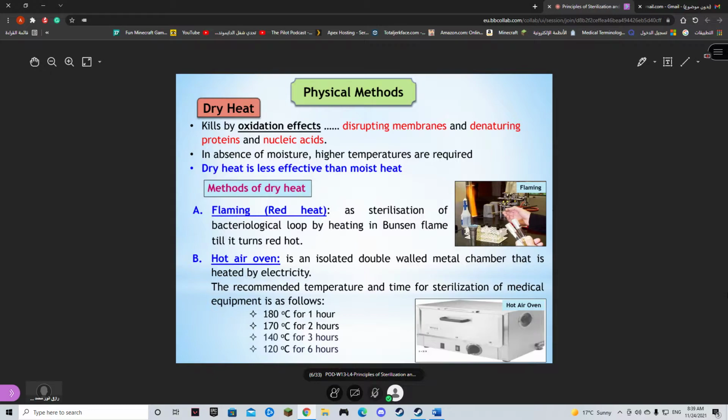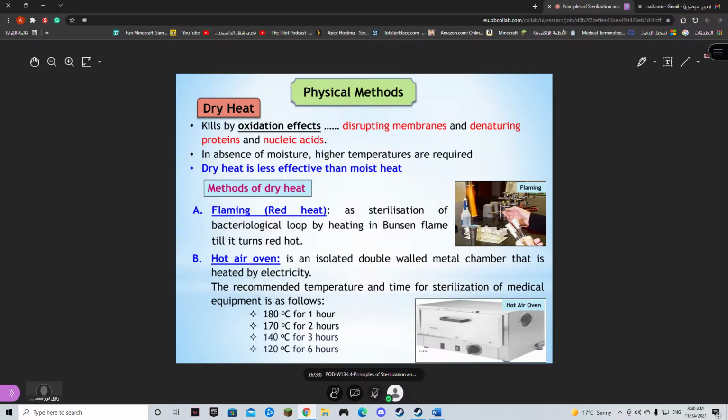The proteins are very delicate, so once you increase the temperature, they will be disrupted. Degrading the nucleic acid means the DNA will have some problem, which leads to mutation. Bacteria's generation time is very fast, so they will start dying themselves very easily.